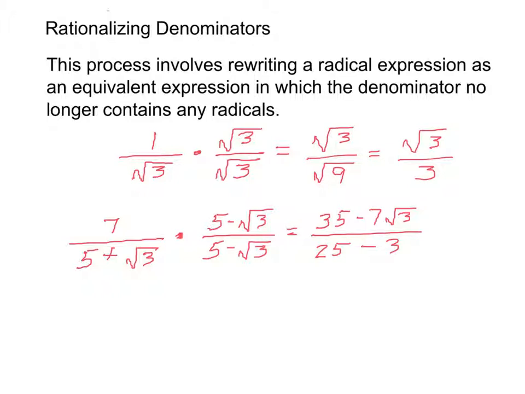In the other case, you're going to get positive 5 times the square root of 3. So those will cancel. And what you're left with is the last term, which is a positive times a negative, or minus the square root of 3 times the square root of 3, which comes out to be minus 3. And our final answer simply is 35 minus 7 square roots of 3 over 22.